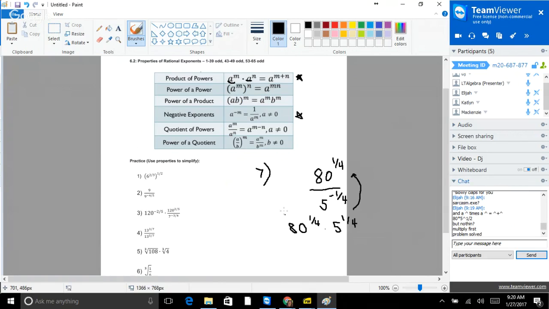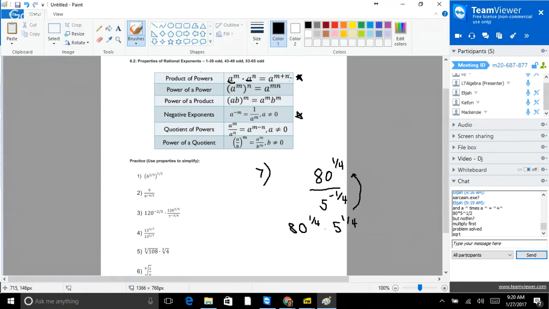You could just type it in your calculator and get a really big number, but it's kind of like a puzzle, right? We want to figure out how we can use these rules. We can't add the exponents together unless we have the same base. So one is 80 to the 1/4 power and the other is 5 to the 1/4 power.